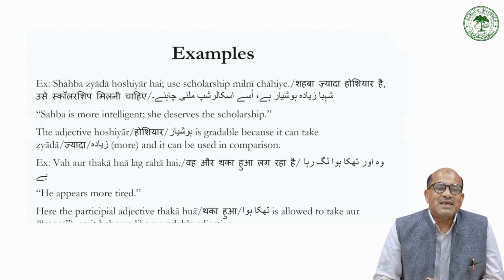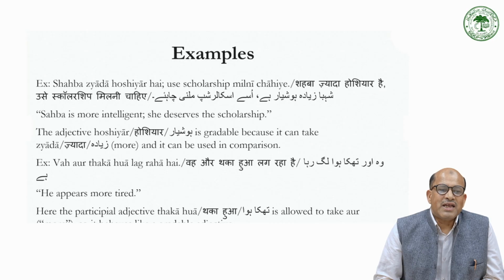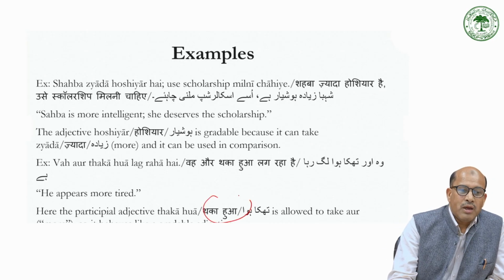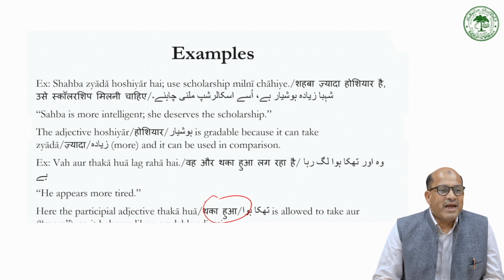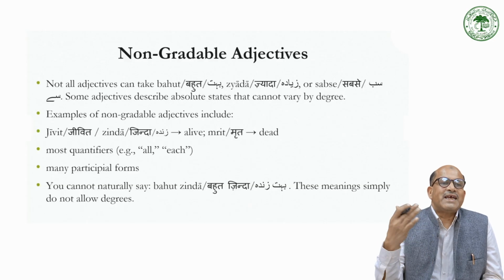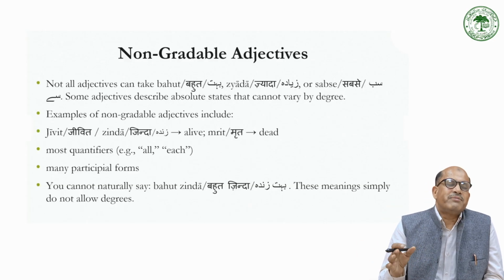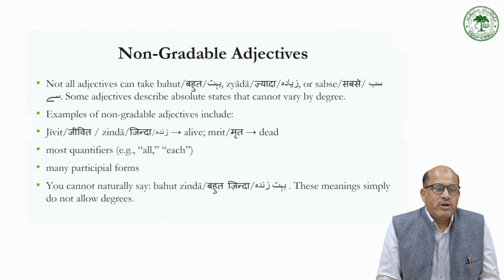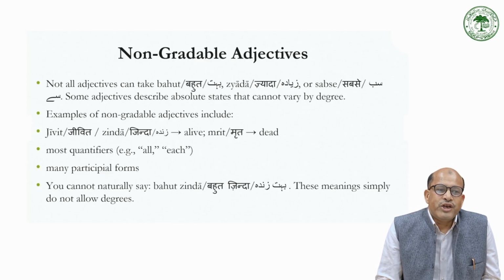If you look at this sentence, he appears more tired. Here the participial adjective थका हुआ is allowed to take more, so it behaves like a gradable adjective. So ज़्यादा थका हुआ, कम थका हुआ, सबसे ज़्यादा थका हुआ. So these are all gradable. Now, not all adjectives can take बहुत, ज़्यादा and सबसे. Some adjectives describe absolute states and cannot vary by degree.